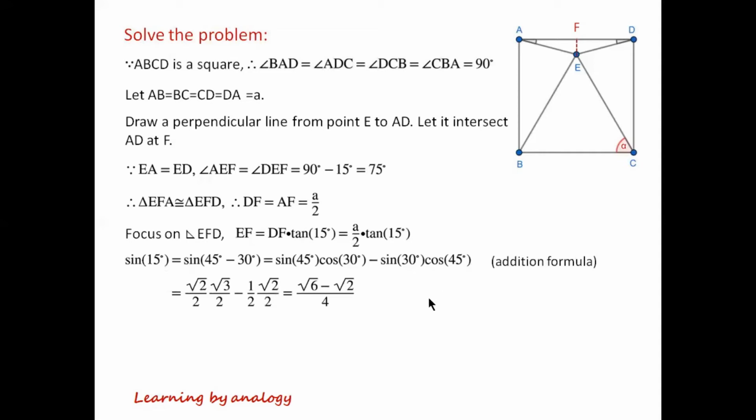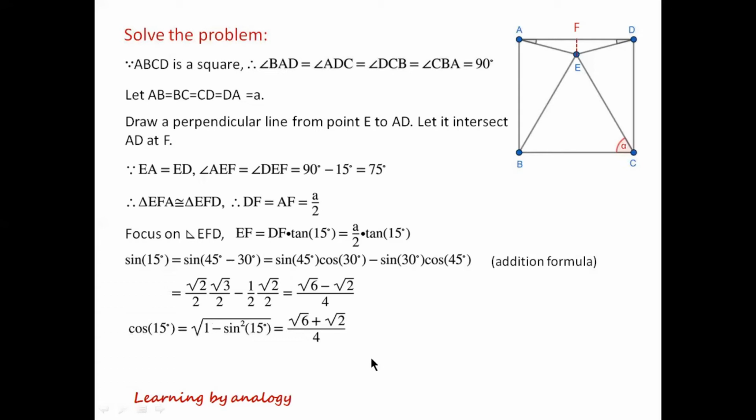Sine 45 degrees equals root 2 over 2. Cosine 30 degrees equals root 3 over 2. Sine 30 degrees equals a half. Cosine 45 degrees equals root 2 over 2. Simplifying, we have root 6 minus root 2 over 4.